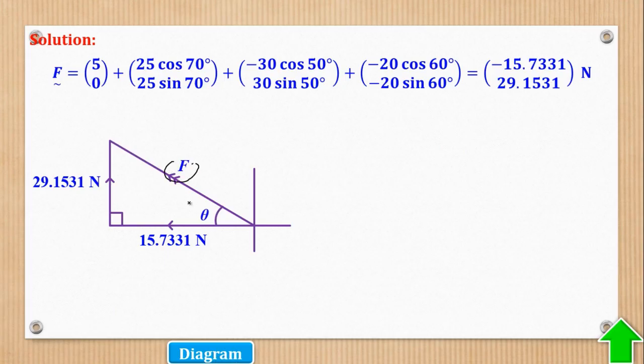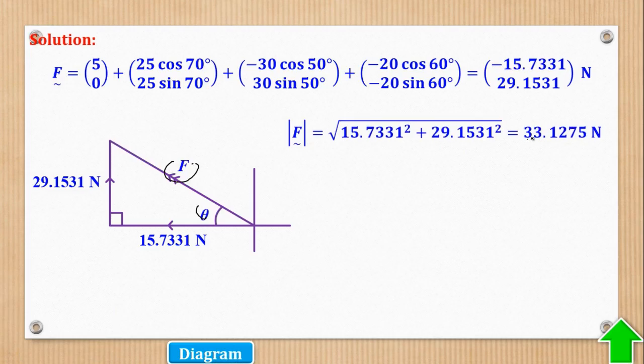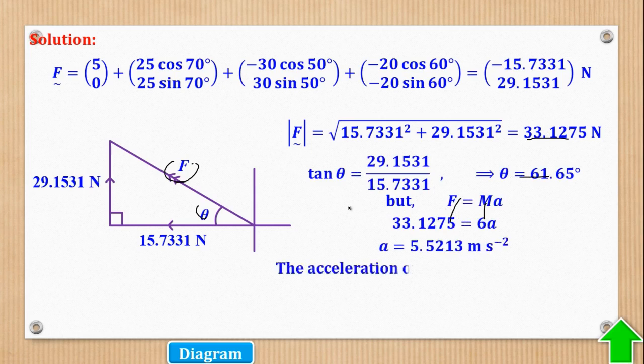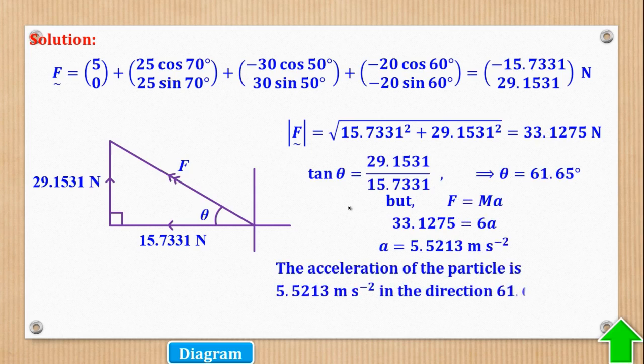This will be the resultant, and this is the direction. So I can get the resultant force to be that, and also the direction to be that. But F is equal to ma, therefore substitute for F and m to get the value of a. Then you can conclude, and that's what they wanted.